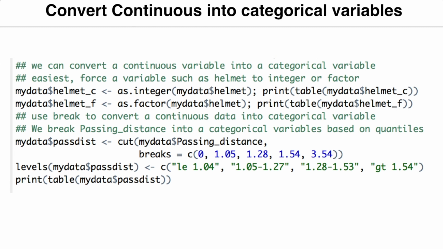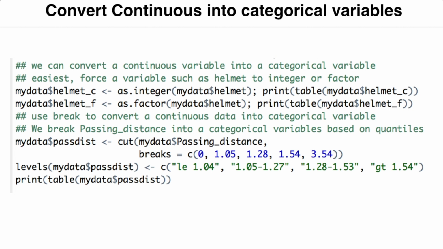So here, what we have done is we have taken a continuous variable, for example, an integer. We have treated the integer as a continuous variable, and then we have converted that into a categorical variable. We have taken helmet, which is kind of a continuous variable, and we have forced it to become what is known as a factor variable, a factor level variable, with its own levels, and these levels are preserved.